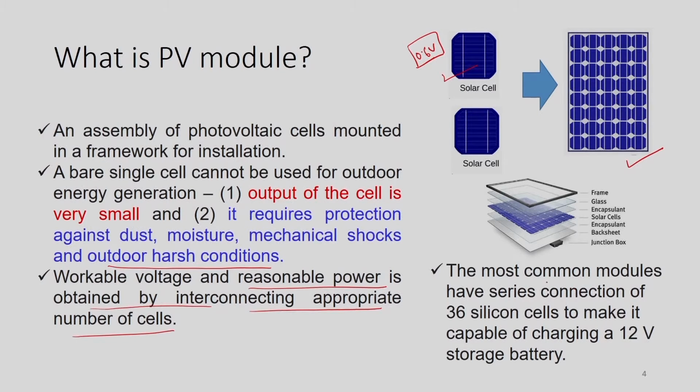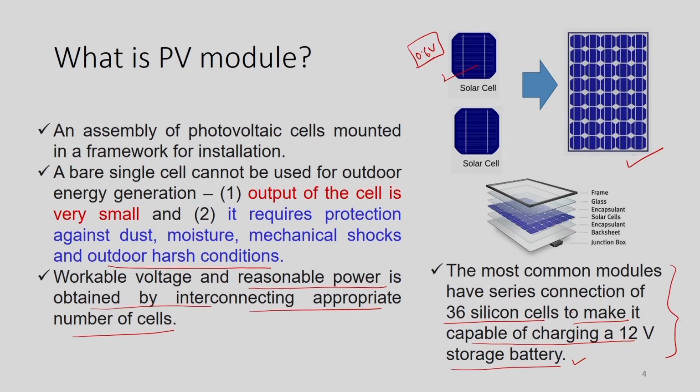Mostly, common modules have a series connection of 36 silicon cells to make them capable of charging a 12 volt storage battery. That is why in most cases single modules have 36 cells, capable of charging a 12 volt battery.